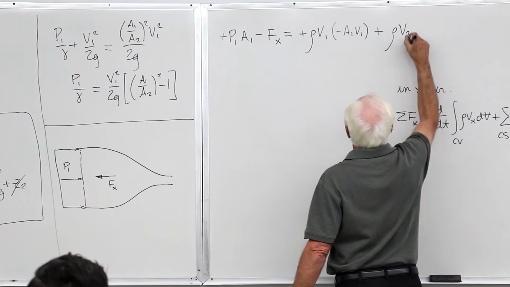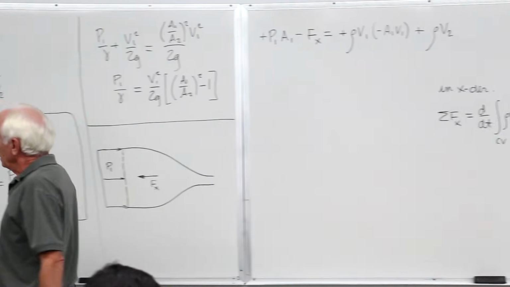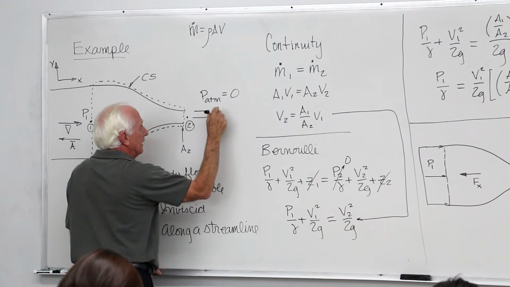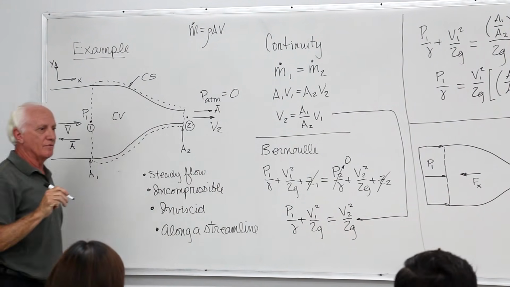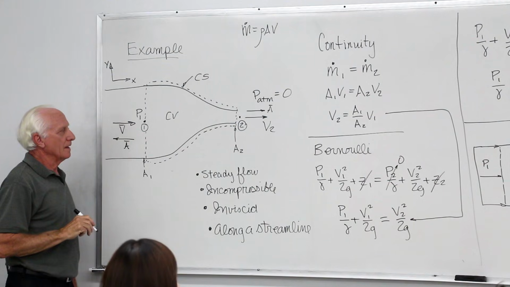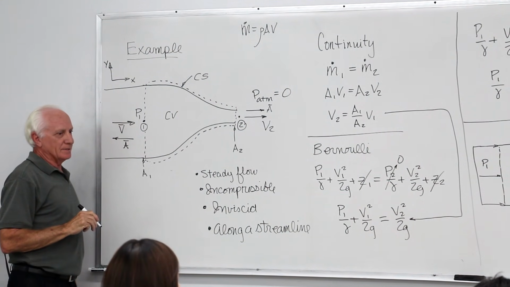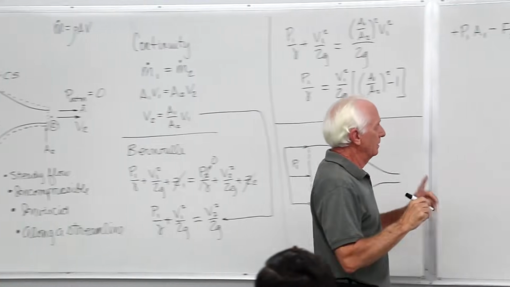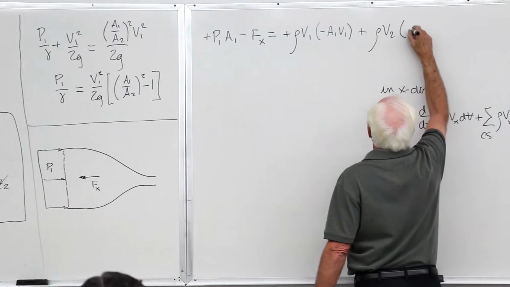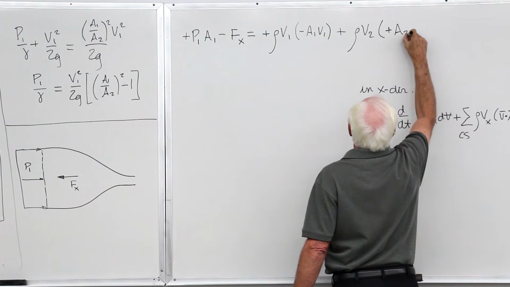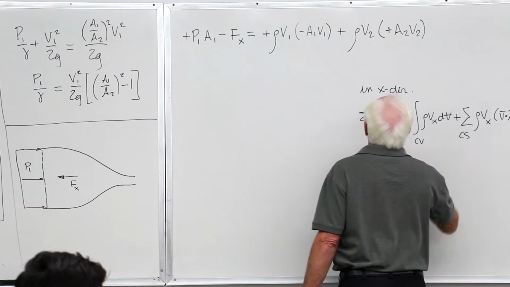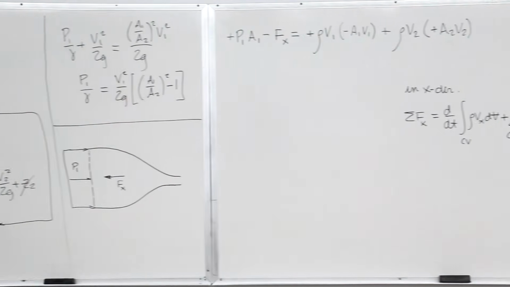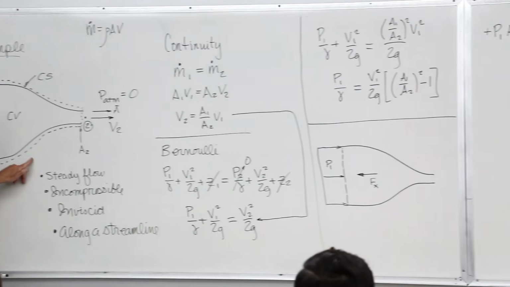Rho v2 times v dot a. Area vector always points outward from the control surface. Cosine 0. Okay, plus 1. No more fluid crosses the surface on the bottom.